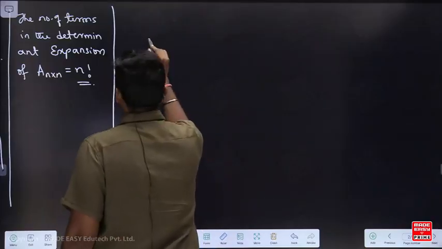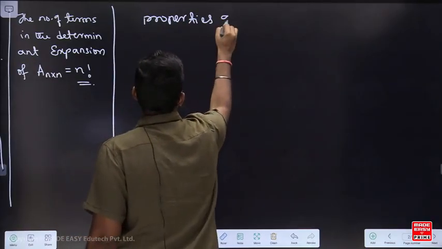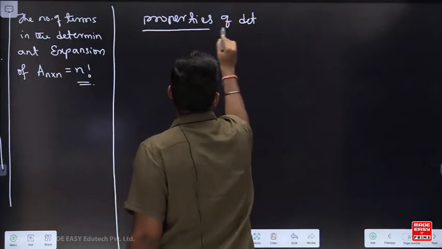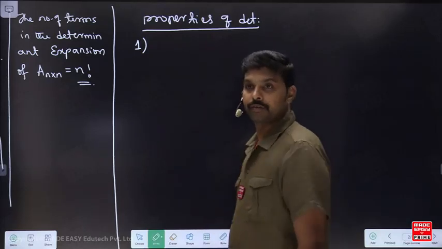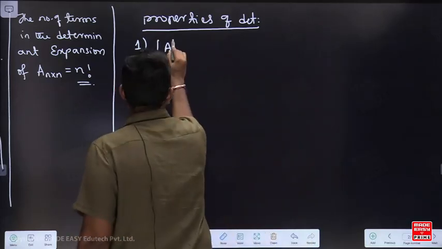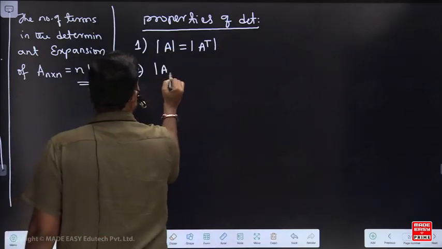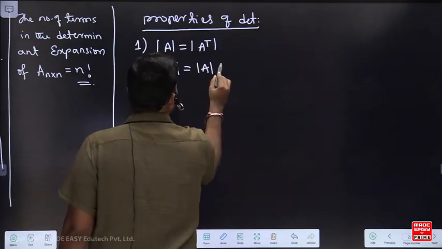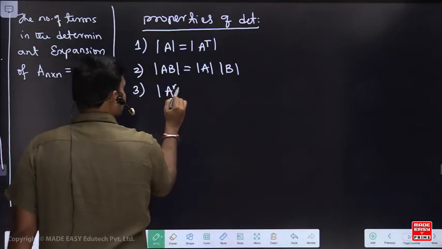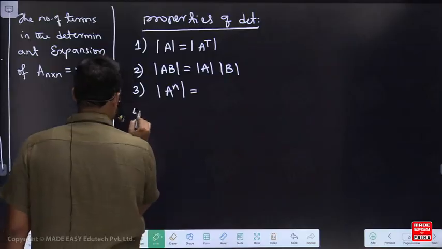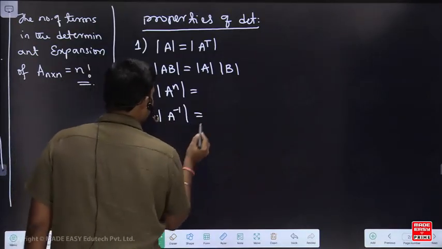Right. So now I'll go into the properties of determinants. Beta, properties of determinants. First one. Write down this. Mod A is equal to mod A transpose. Second one is mod of AB is equal to mod A into mod B. Third one is mod of A power n is equal to, fourth one is mod of A inverse is equal to.